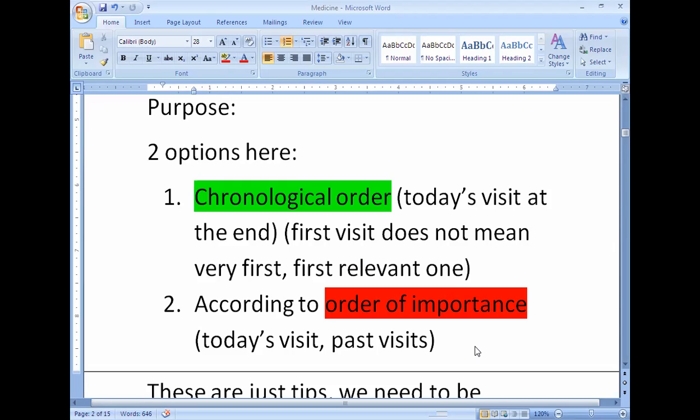Then I write the next paragraph: Mr. Smith presented one month ago with cough, runny nose, and sore throat. I suspected respiratory infection, and I prescribed Augmentin.